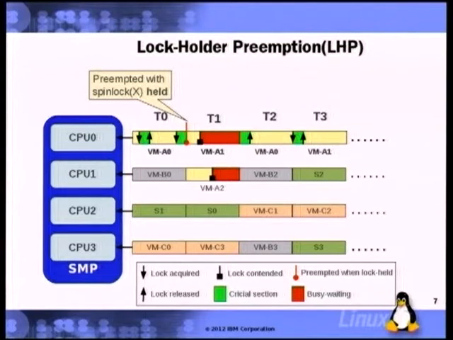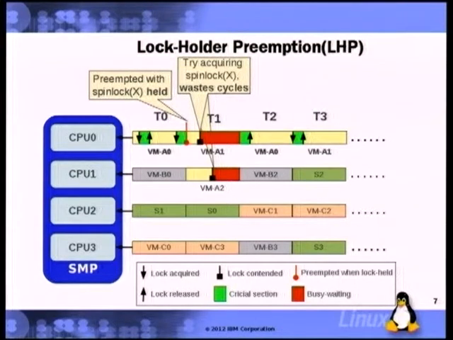After that, all the vCPUs which would like to take the same lock, like VM A1 and A2, would basically spin all the while, unaware of the fact that the scheduler has preempted the virtual CPU V1 of A. It is only when T2, where the spin lock is released, that other vCPUs of the same VM could take that lock.